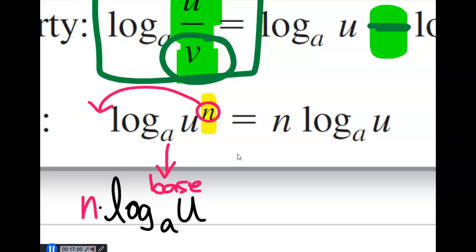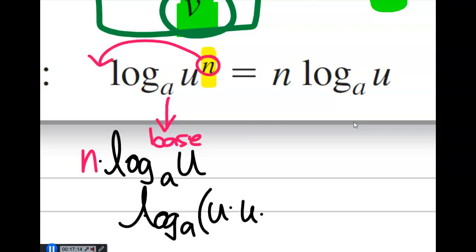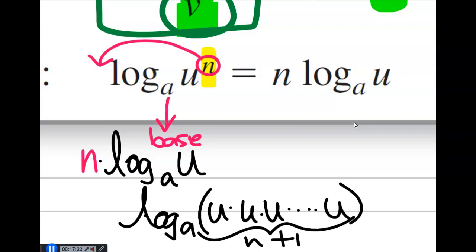So the idea is that we have the log of u multiplied by itself. We don't know exactly what n equals, but we know we have u n times.